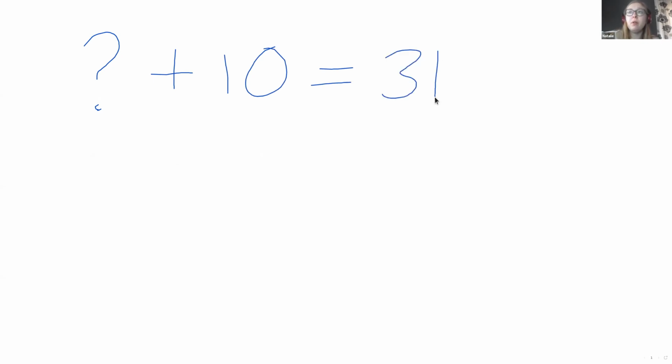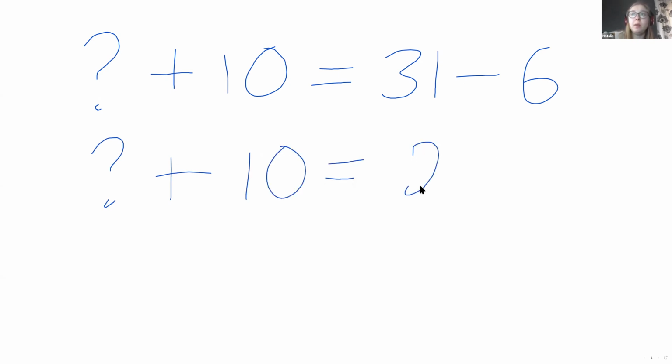So they look a little bit like this, where I have question mark plus 10 is equal to 31 minus 6. So I made it a little bit more difficult because we need to work out what the 31 minus 6 is first. Well, 31 minus 6 is equal to what?